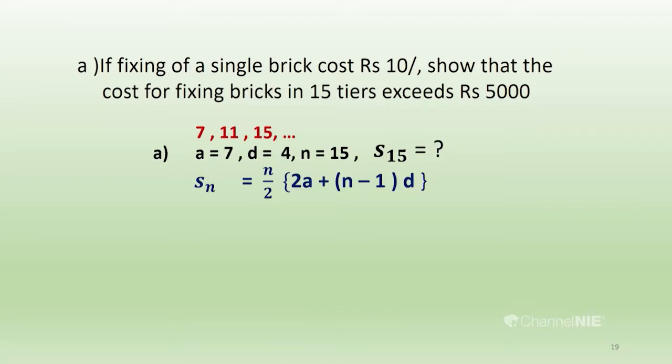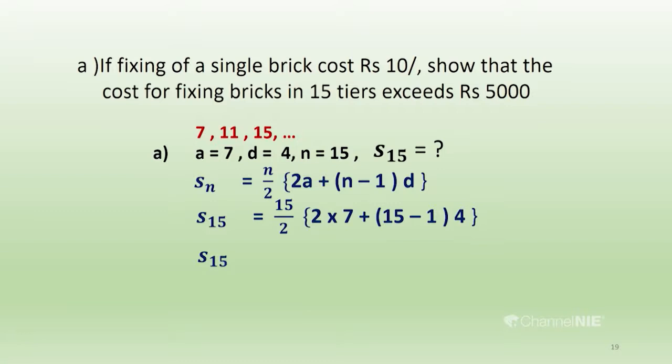Sn equals n over 2 times (2a plus (n minus 1)d). Let's substitute, children. Here n is 15, a is 7 and d is 4. So 2 times 7 plus (15 minus 1) times 4.